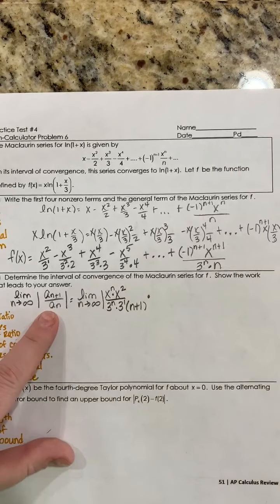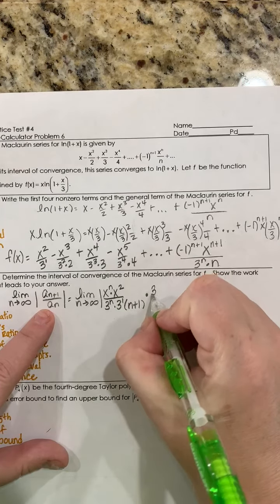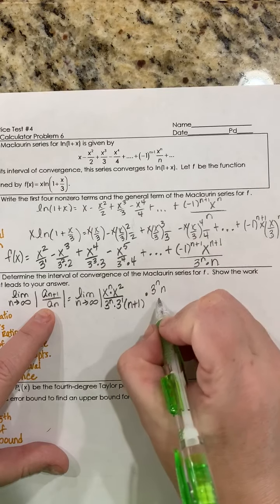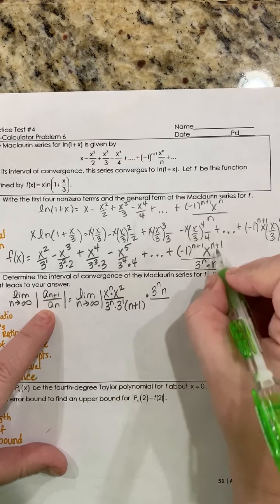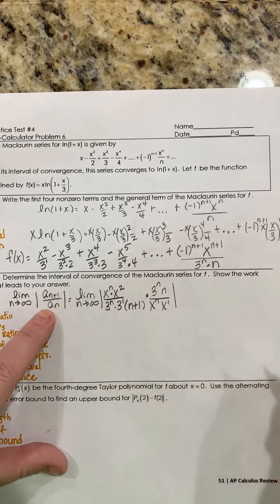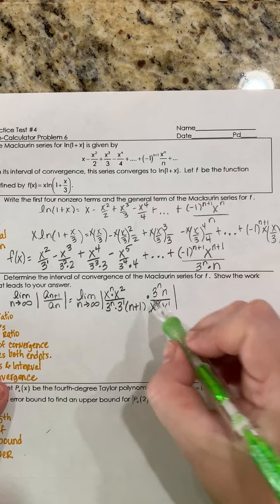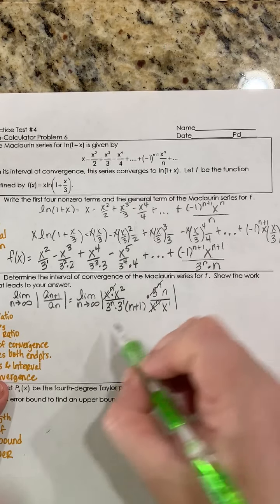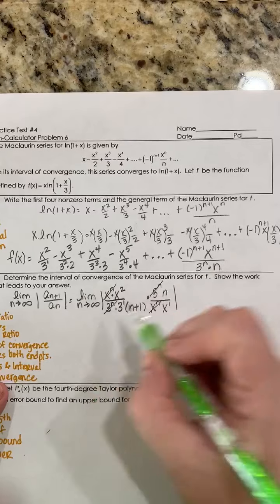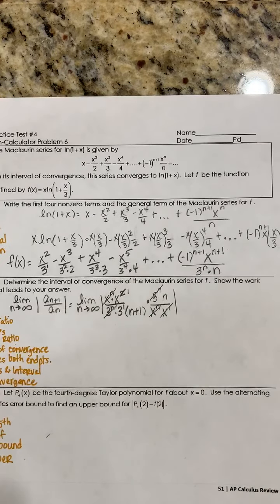Instead of dividing by the original, I'm going to multiply by the reciprocal of the original. So this is just going to be 3 to the n times n over x to the n times x to the first. So I'm going to cancel what I can cancel. x to the n is gone, 3 to the n is gone, and one of these x's cancels, and I'm just going to be left with 1 x here.